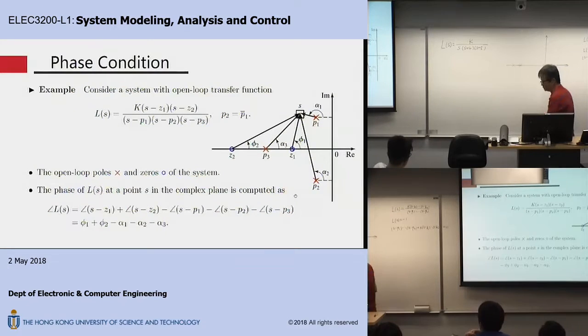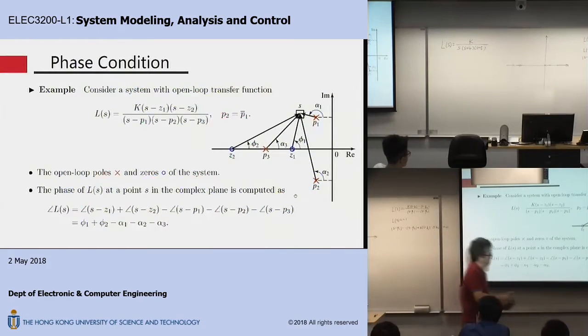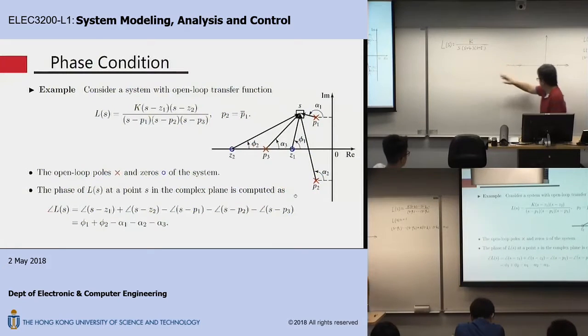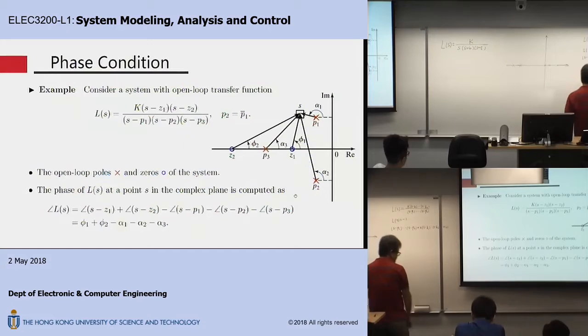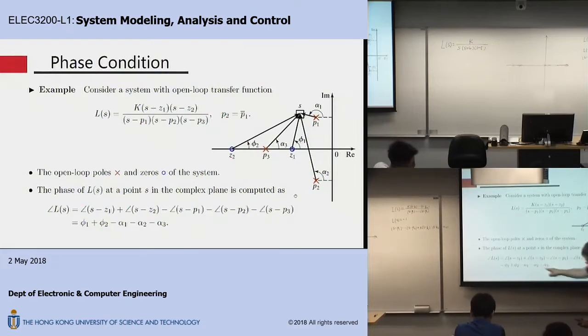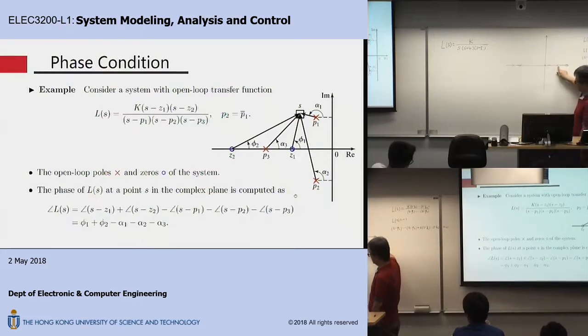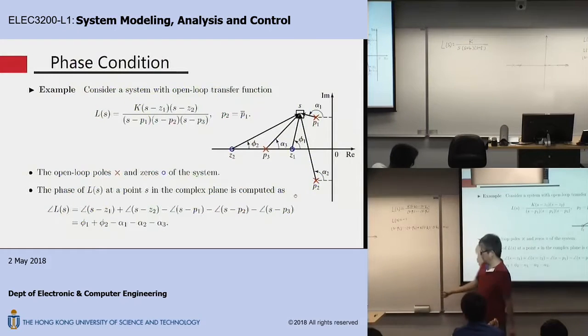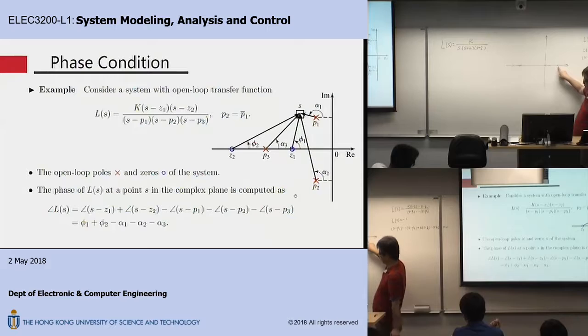If you happen to have a zero there, you also look at the phase from the zero to that point. Again, if the zero is on this side, the phase is 0. Then you add them together or subtract them, you always get 0. So at this point, if you plug it into L, the phase is 0. It's not 180 degrees, certainly. So this point is not in the root locus.